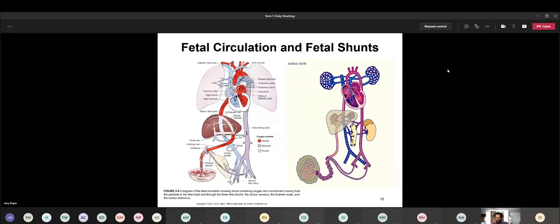Now, because of the fetal lung fluid, there's nothing but fluid really in the lungs, and there's very little oxygen. So the combination of those two variables means that the pulmonary vascular resistance is going to be really high. There's going to be a lot of vasoconstriction going on.